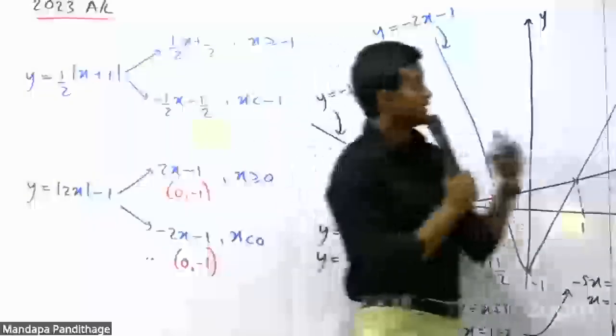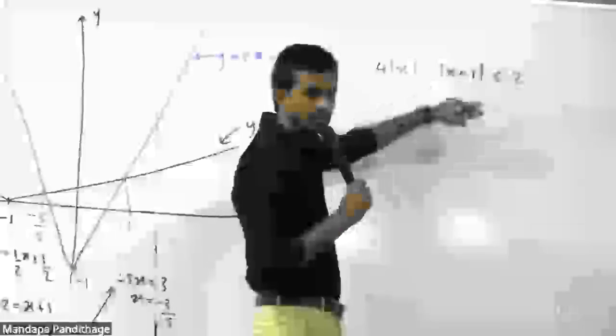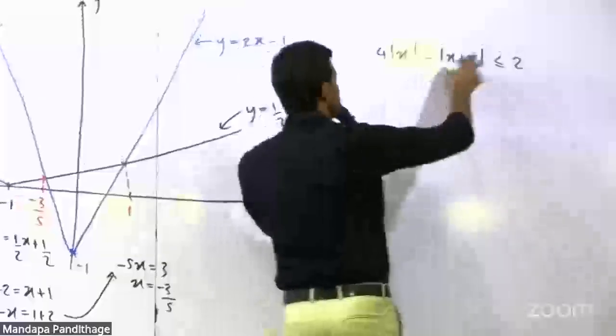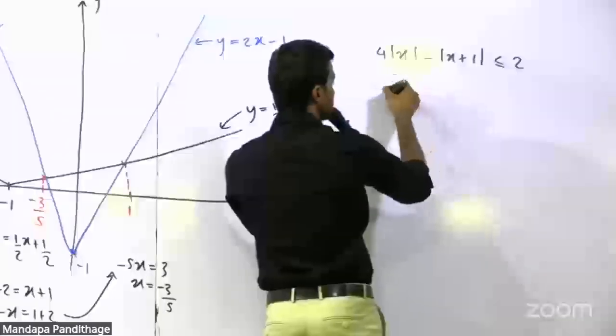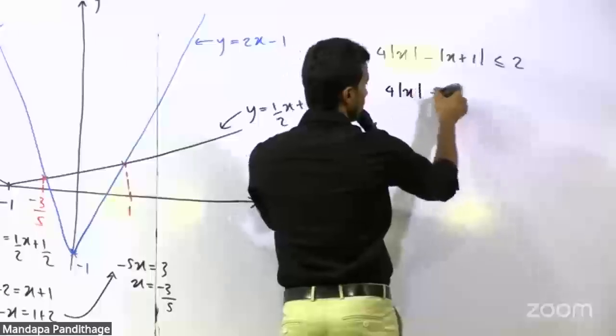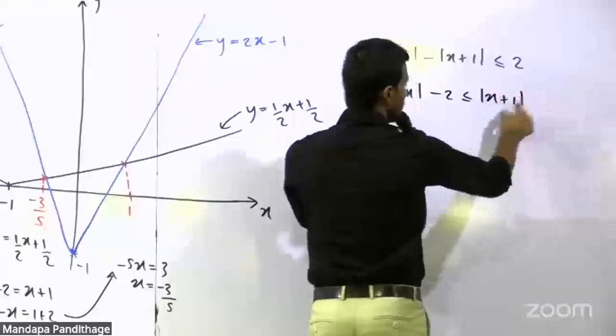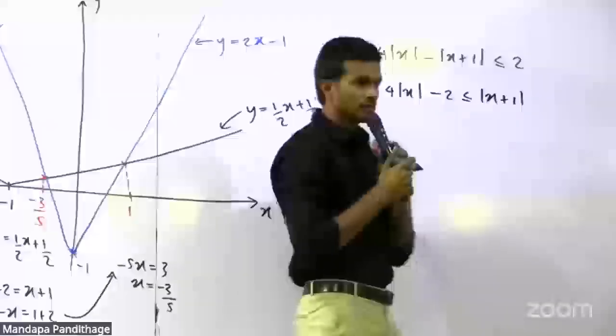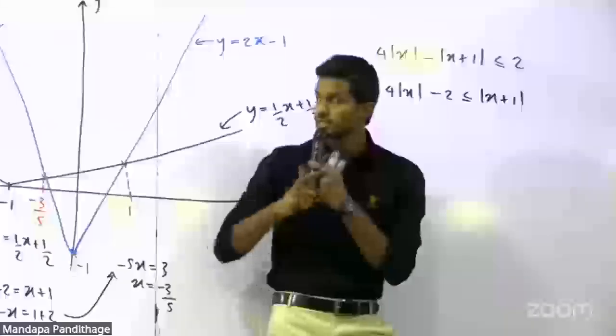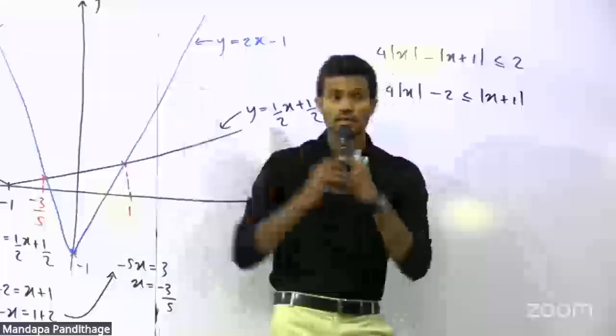So the first thing that I'm going to do is isolate x plus 1 modulus. Take this to this side and write it in this way: minus 2 is less or equal to this. So what did I do? I isolated x plus 1. And now tell me, what is missing in the graph that we have sketched and what is missing in here?